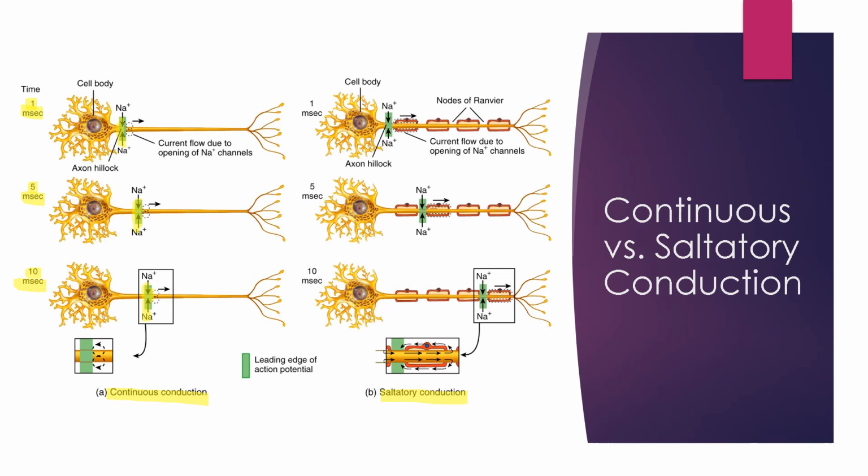Now, action potentials will propagate more rapidly along myelinated axons than along unmyelinated axons. So this is because myelinated axons will use what is called saltatory conduction.